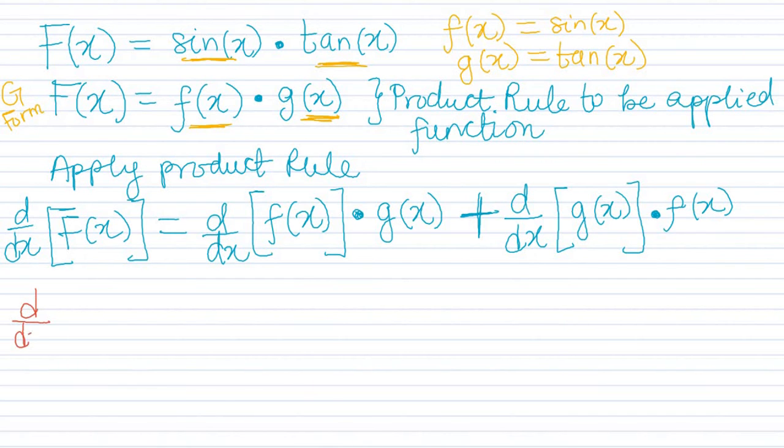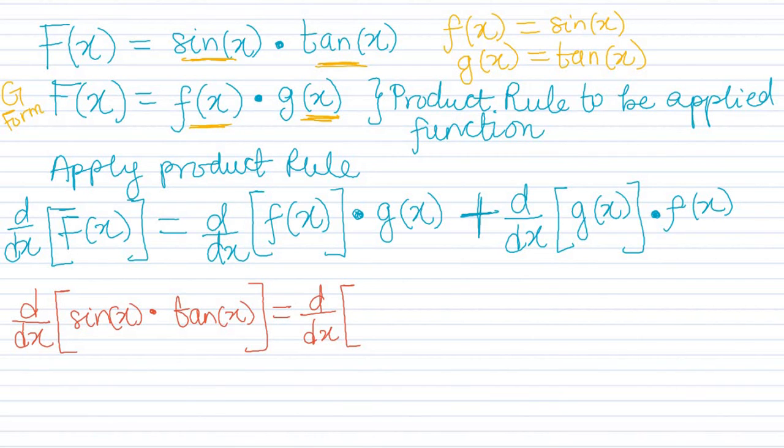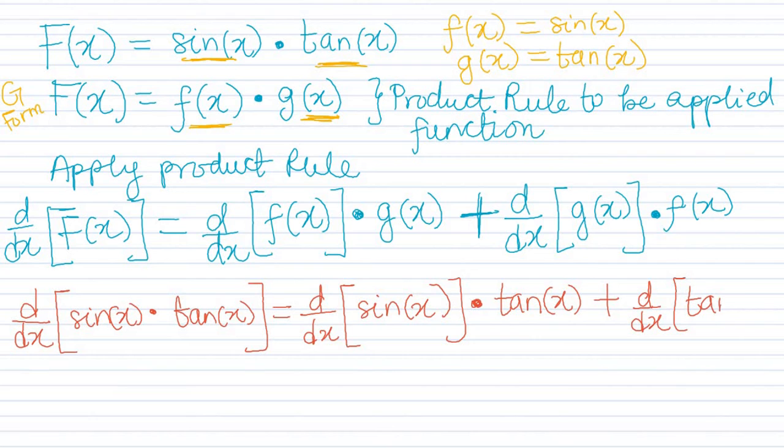The derivative of sine x multiplied by tan x is going to be the derivative of f of x, which is sine x, multiplied by g of x, which is tan x, plus the derivative of g of x, which in this question is the derivative of tan x, multiplied by the first subfunction, which is sine x. Now that we know that, we can start the solution.